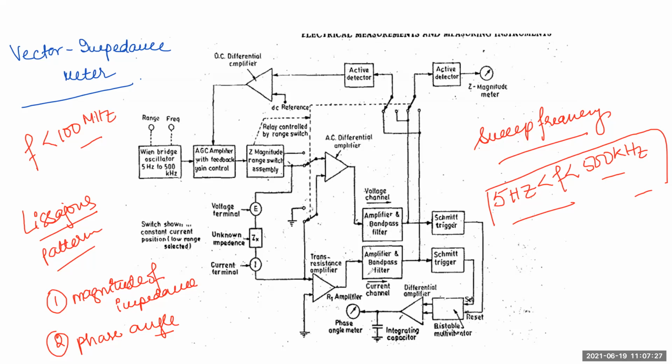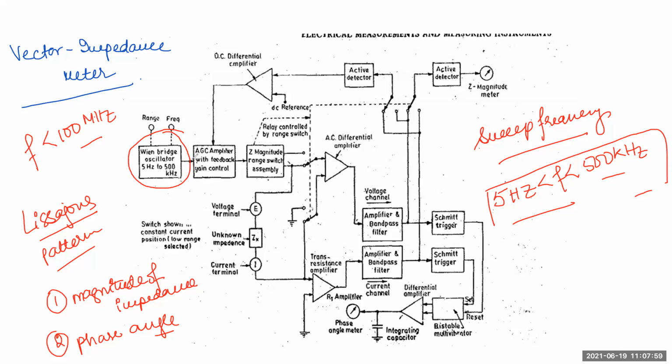Now in this particular picture, let me tell you what is the specific meter that contains a signal source. The meter that contains the signal source is the Wien bridge oscillator, and it has a front panel control with which the frequency and so on is adjusted. Now the output of the Wien bridge oscillator is fed to what?